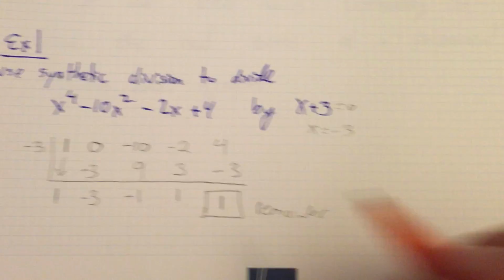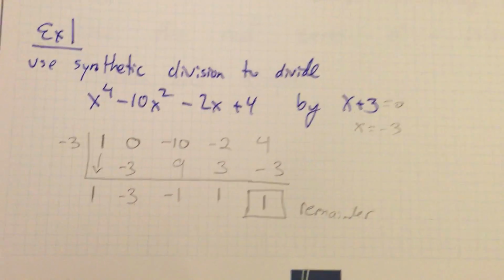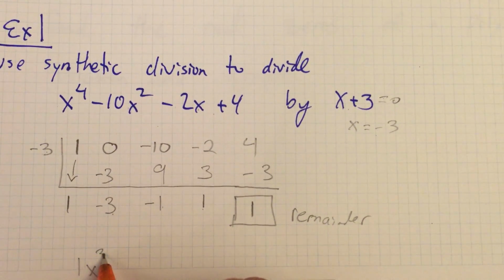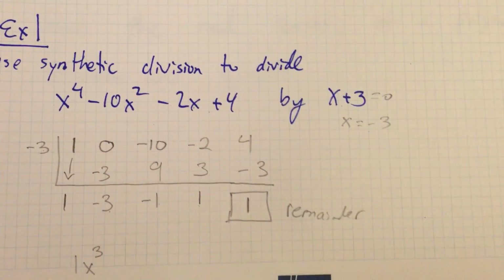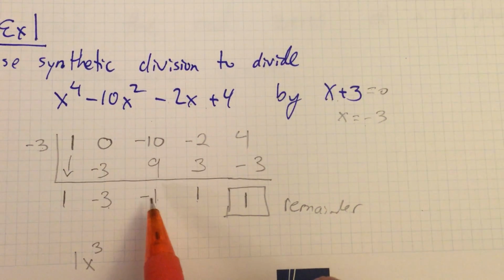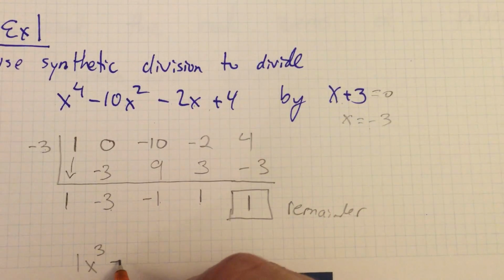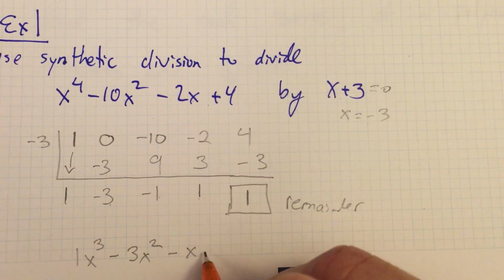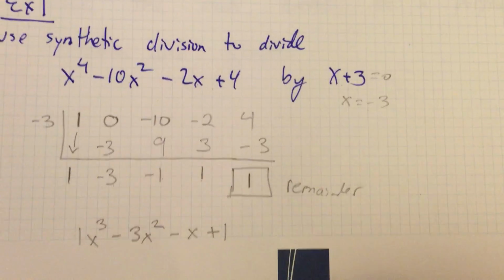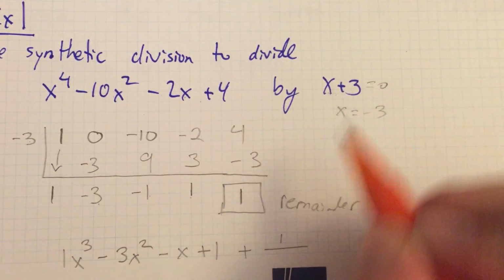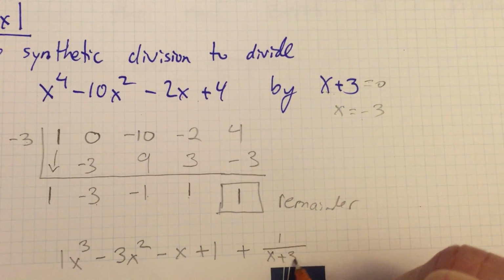But our new answer will be 1 less than what we started off with, so this will become a 1x cubed. And then these are just your new coefficients. So this is x cubed, then squared, your linear, and then your constant term. So -3x squared minus x plus 1. And then with our remainder, add that over your divisor, x plus 3.